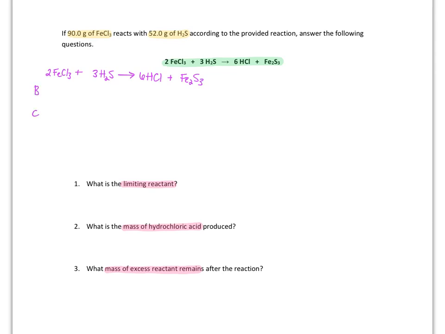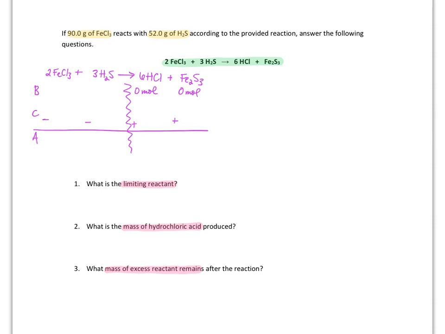Okay, BCA. Once again, I like to put in my dividing line. No moles of product to start, but we're going to add to form that and subtract reactant to make that happen.